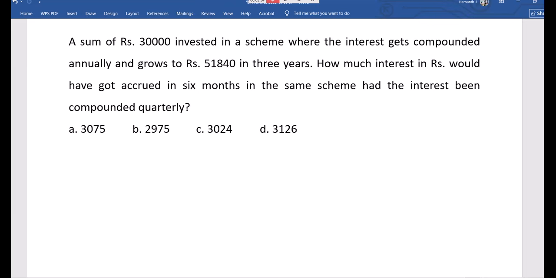Using the first data, you have to calculate the rate of interest. Then using compound quarterly for 6 months, you need to calculate the interest. Two quarters will come in those 6 months, but first you need to calculate the rate of interest.